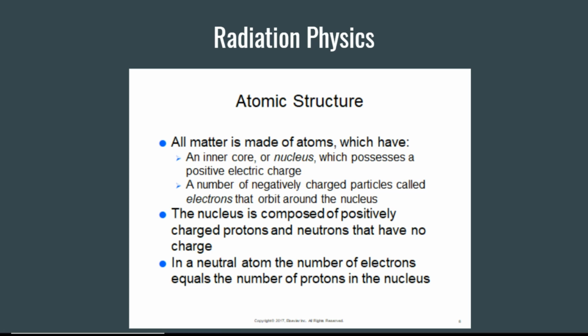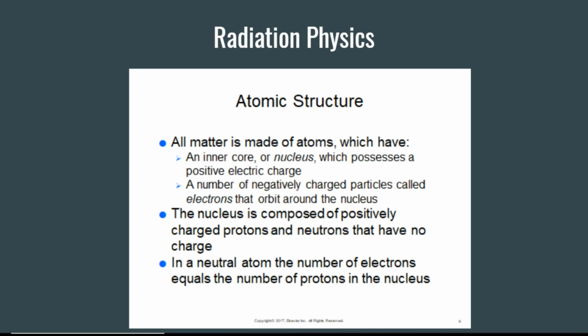Protons have a positive charge. Think, pro is a positive thing. Neutrons are neutral, they have no charge. And then those electrons that orbit outside of that little ball have a negative charge.